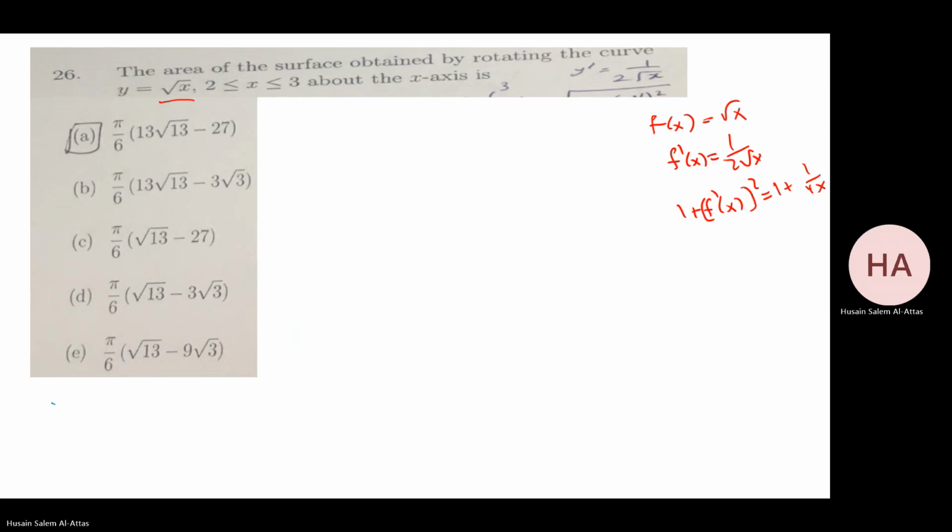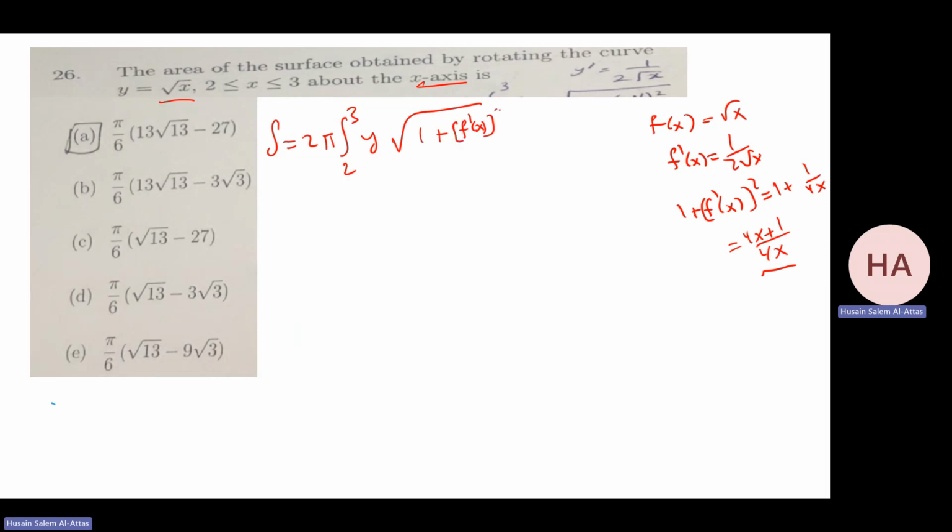That give me 4x plus 1 over 4x. Okay, so S will be 2 pi integral from 2 to 3 about the x-axis. So I need y, the square root of 1 plus f prime of x all squared dx. That will be 2 pi from 2 to 3.